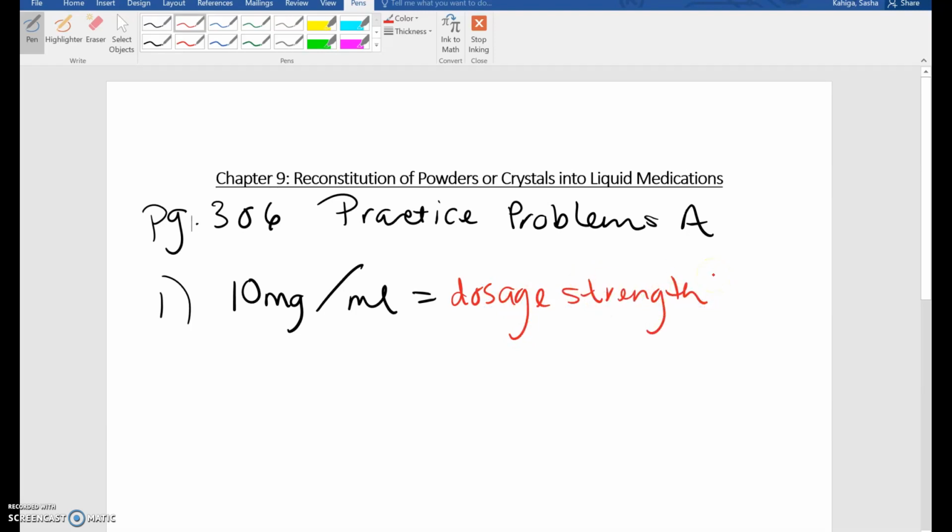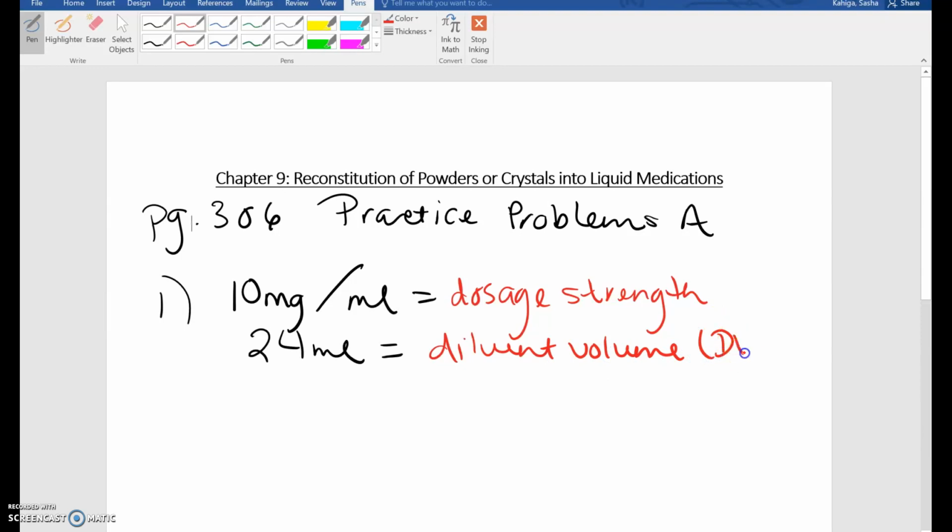Okay. The next thing it tells you is, for mixing directions to the left of the label, it says tap bottle lightly to loosen powder. Add 24 milliliters of distilled water. So 24 milliliters is going to be considered your what? Your diluent volume.